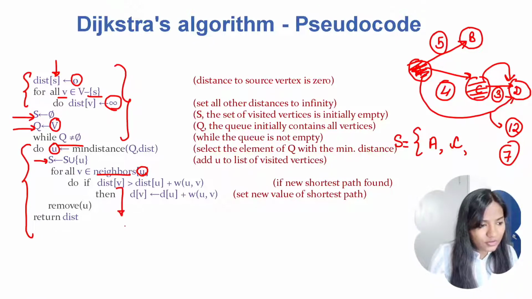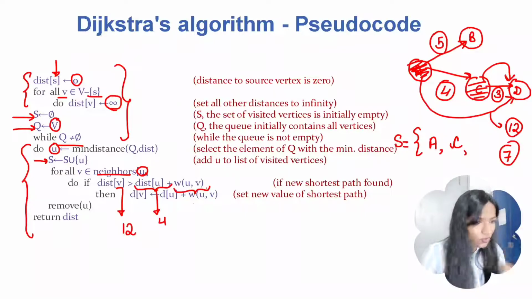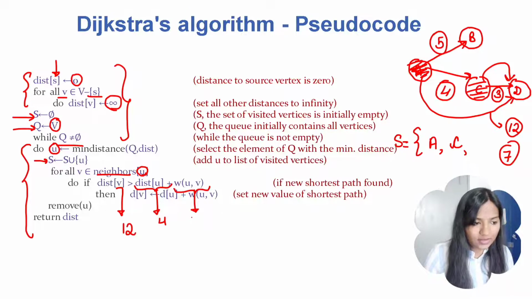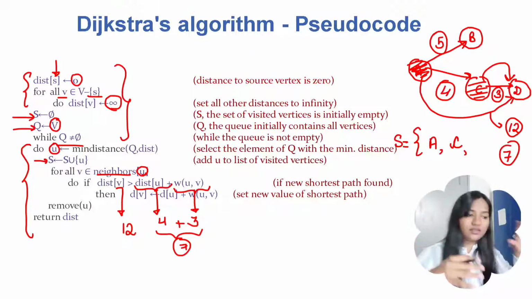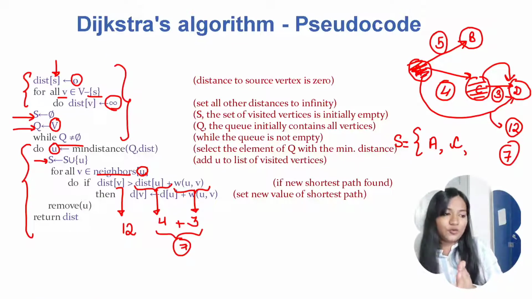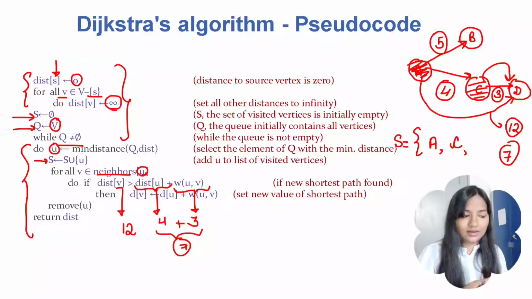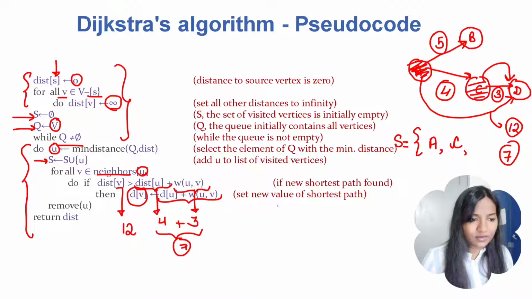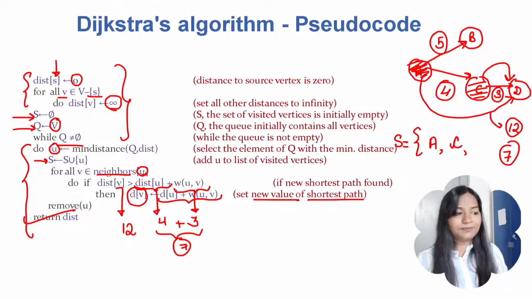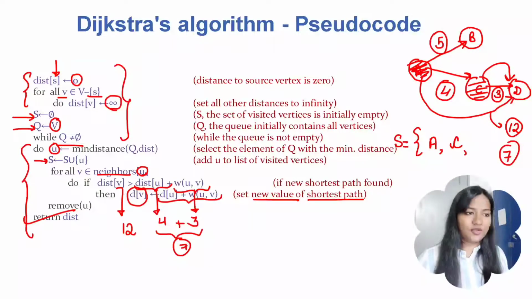So this is going to be 12, and the distance of U was 4, and the weight between U and V, in this case I have taken as 3. So the total distance is 7. So the distance of V directly is greater than the distance between the source and V using U. Then of course we don't want the greater distance. So what we will be doing, we will be changing the distance to this. So we are actually setting the new value for the shortest path. Okay, so this is how we will be returning the distance. That's all about Dijkstra's algorithm.